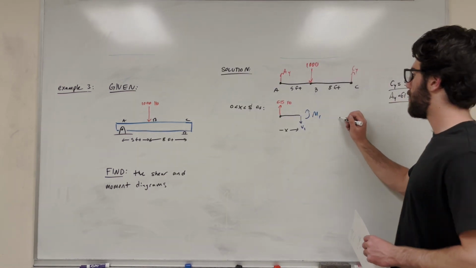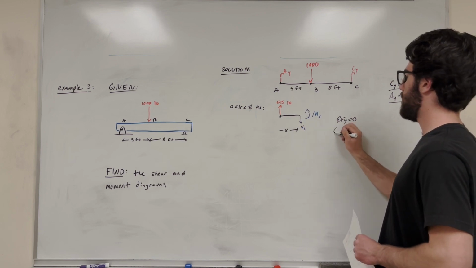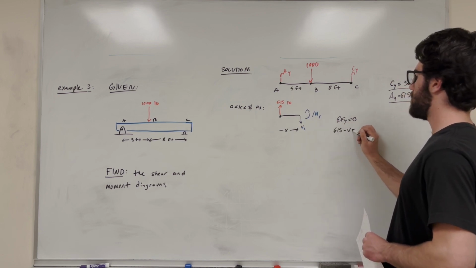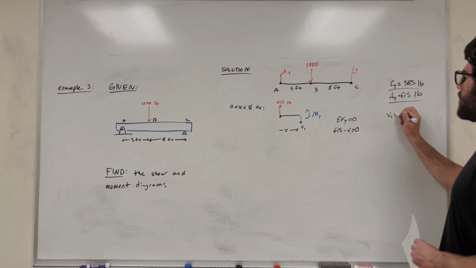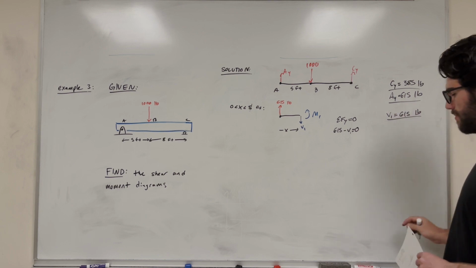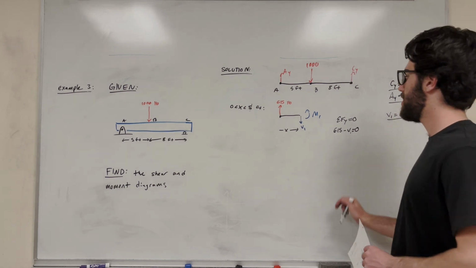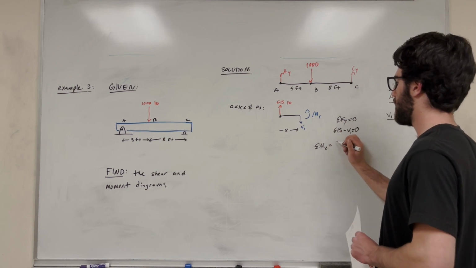Really easily, the sum of the forces in Y equal to 0, right? So we have 615 minus V equal to 0. We find that V1 is equal to 615 pounds. All right, then let's do moment. The sum of the moments around the point where we took the cut is equal to 0.